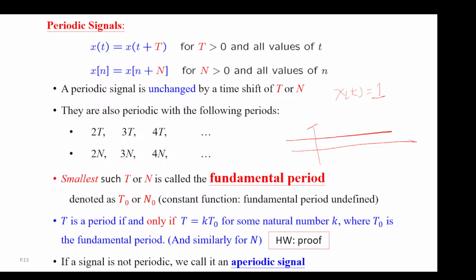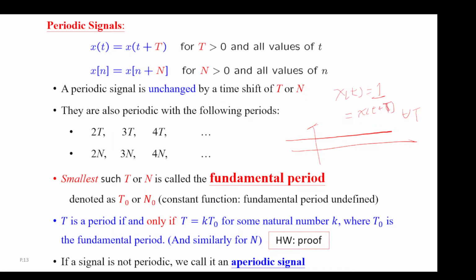Then you shift by any big T, and you still get the same function back. So you cannot find the smallest big T that makes this the same. It will equal x of t plus big T for all big T, right? So you cannot find the fundamental period, but it's also periodic. So that's a bit funny.